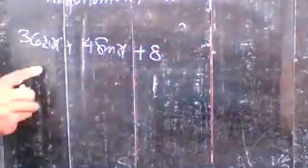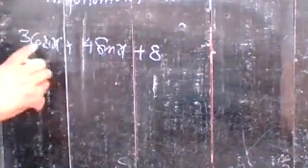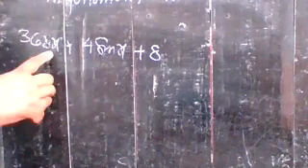You have to find the maximum and minimum value of this function: 3 cos x plus 4 sin x plus 8.